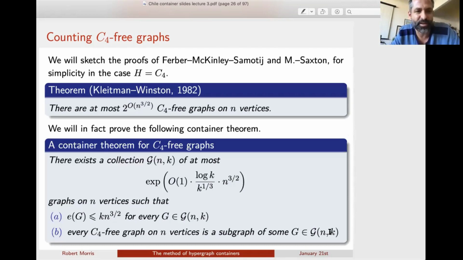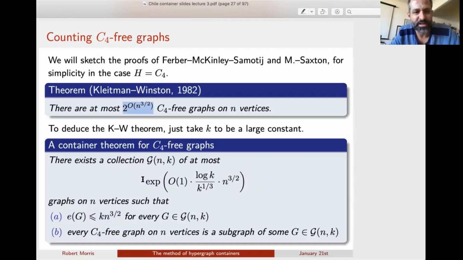Okay, so why does this imply Kleitman-Winston? Well, just take k to be a large constant. If k is a large constant, then what do we have? Each container has big O of n to the 3 over 2 edges, and the number of containers is also 2 to the big O of n to the 3 over 2. So if you sum over containers the subgraphs of those containers, you get something of the form 2 to the big O of n to the 3 over 2. Make sense?